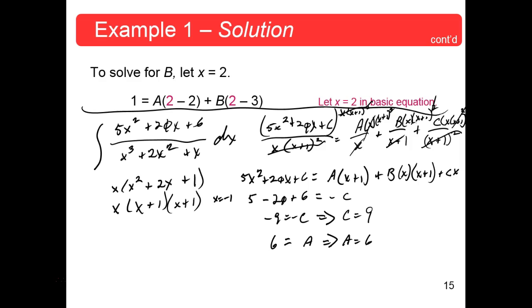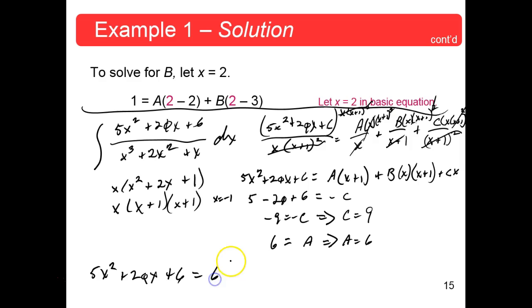Now this is a little messy, but it's not really all that bad. We write out what we have here. And that's 5x squared plus 20x plus 6 is equal to, and over here we had A times x plus 1 squared. Well, we know what A is, right? It's 6.